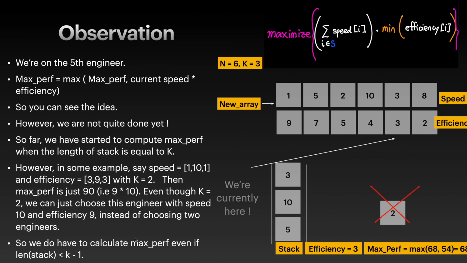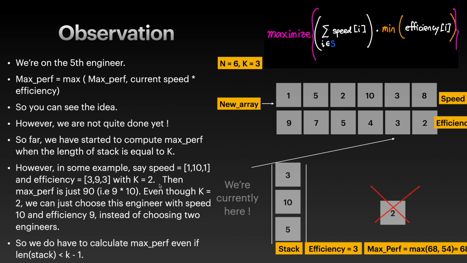And then as we build our stack, we still have to calculate the answer here. Remember, think about, say, this example. So if we have speed of 1, 10, and 1, efficiency is 3, 9, and 3 with k equals 2. The maximum performance here is 9 times 10, 90. Right here, we just pick the second engineer. They will give us the maximum performance. Even though k is equal to 2, that does not mean we have to choose a group of 2 engineers.